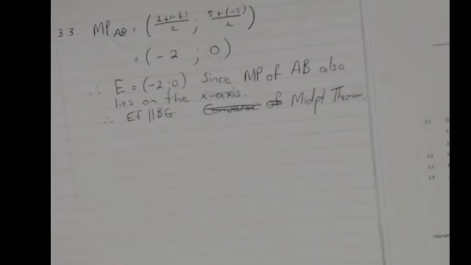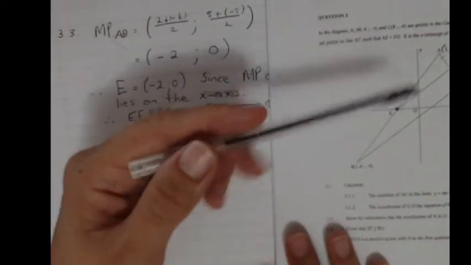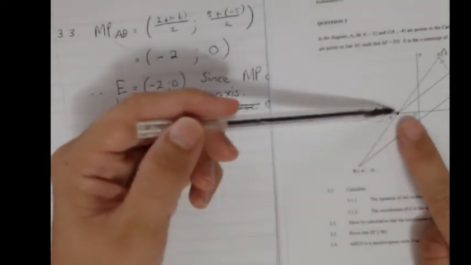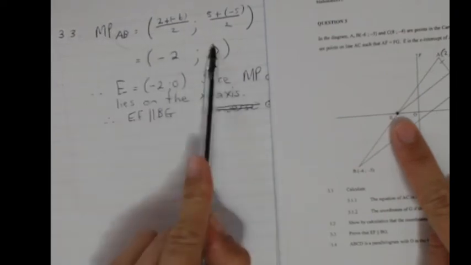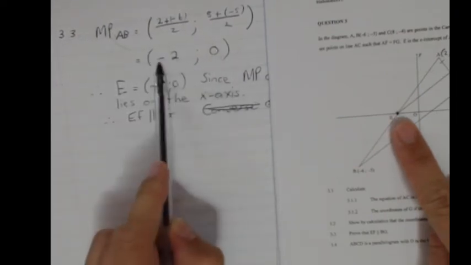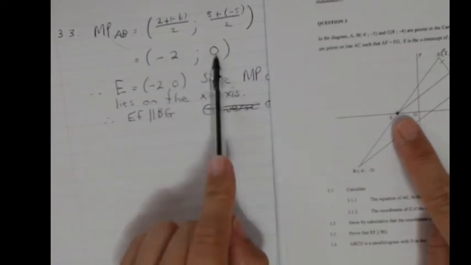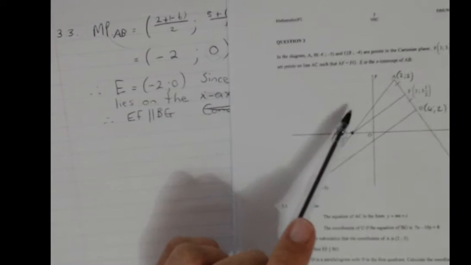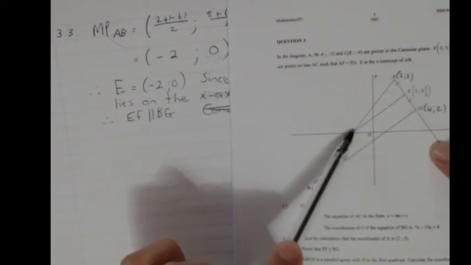Right, alternatively, if you didn't notice to do this, let me just show you briefly what you could have done. You can calculate the coordinates of E, which you're going to do the same way. But now you don't necessarily know that that is the midpoint, so working out the midpoint of that is not going to help you.